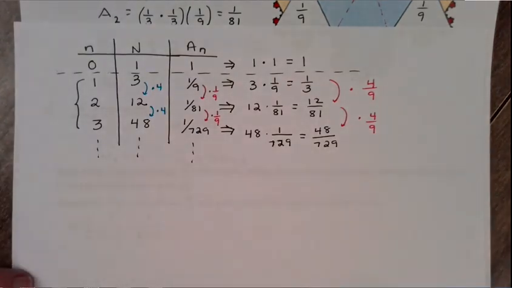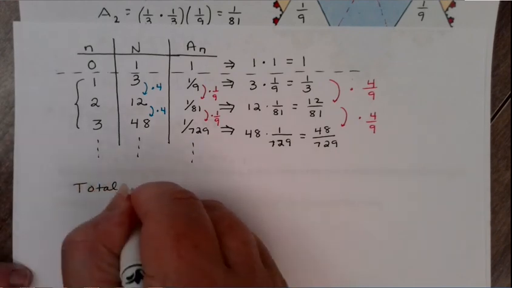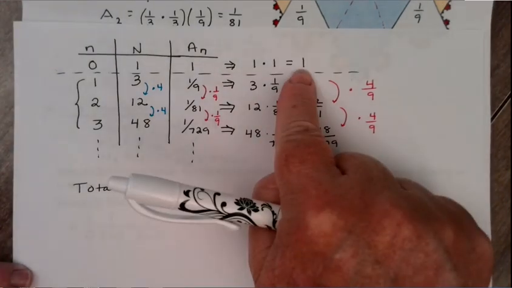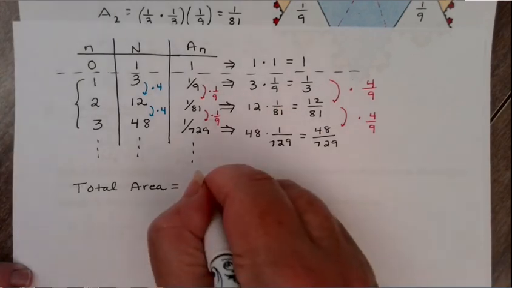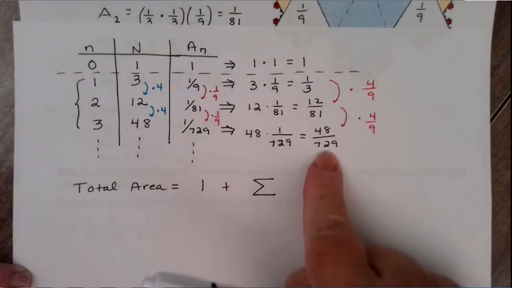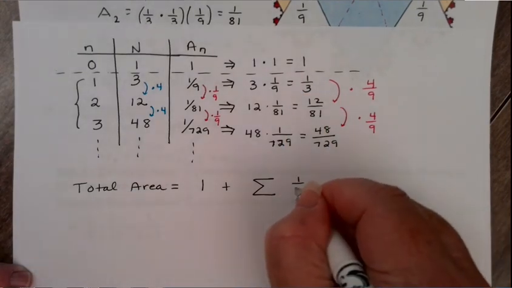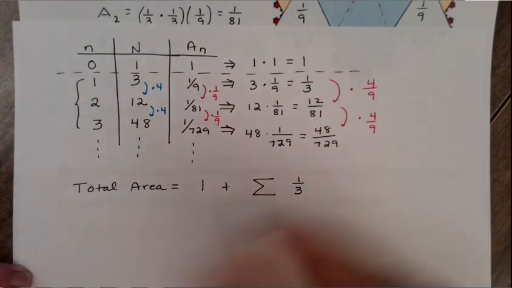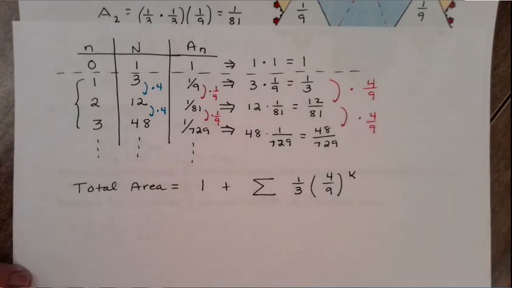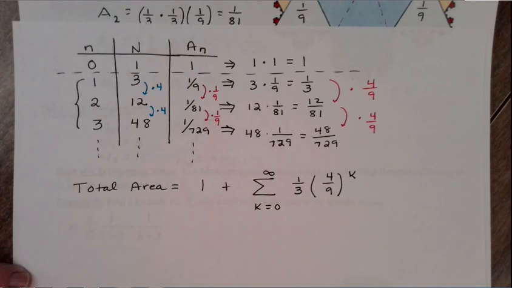So, if I wanted to turn this total area into a sum, I'm going to start here before the pattern is established with my 1. And then I'm going to add the sum of all of these. The first one is 1/3, and I'm going to multiply that by 4/9 to the k power, where k goes from 0 to infinity.